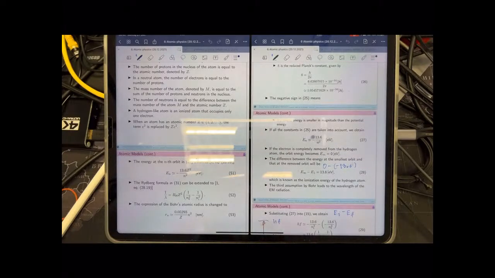If you have En, which is equal to 13.6 divided by n square, that's the expression for the hydrogen atom, right?